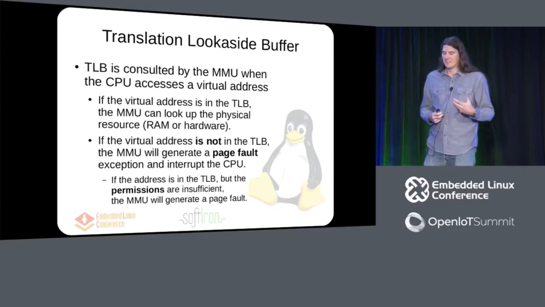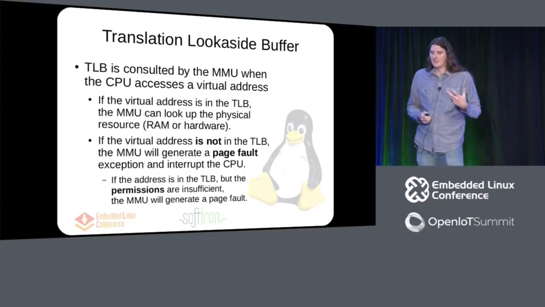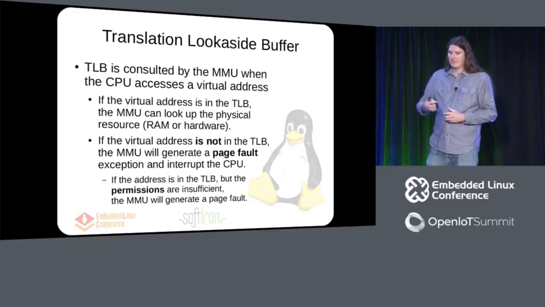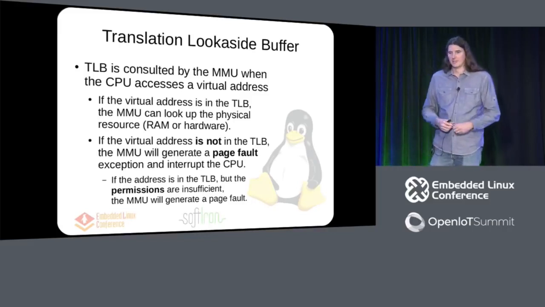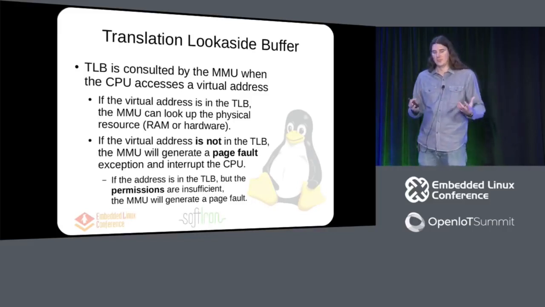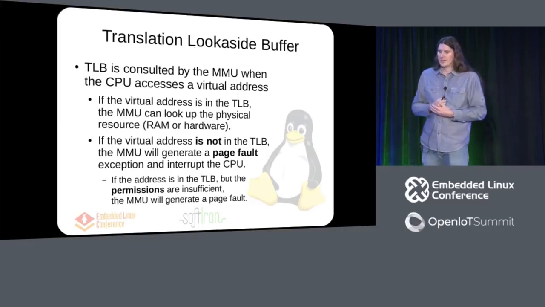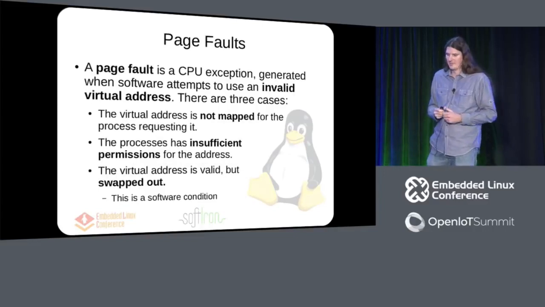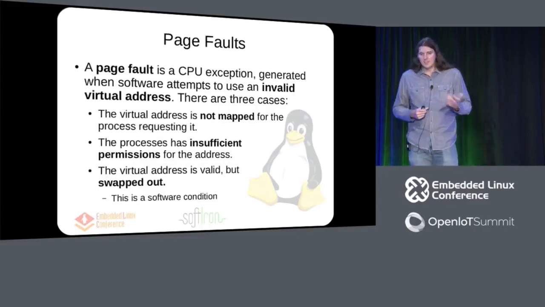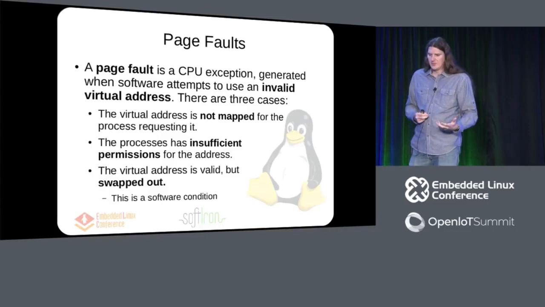But if the virtual address is not in the TLB, then the MMU will generate what's called a page fault exception, and it'll interrupt the CPU. The page fault exception is then handled by the kernel, and there are a lot of different things that the kernel could do with it that we'll be talking about. It'll also generate a page fault exception if the permissions aren't correct, and it'll be up to the kernel to handle that as well.